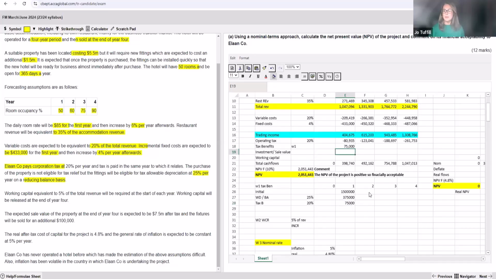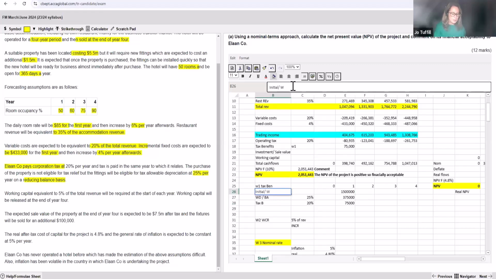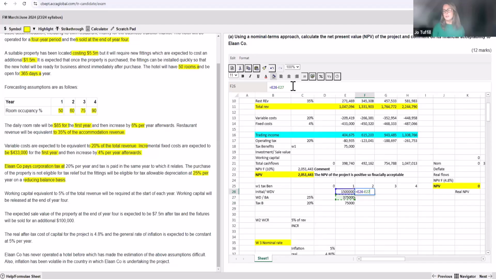Now, what we then start doing, we get the initial amount, and then it becomes the written down value. So that's where it now at year 2 becomes the written down value. And the way you do this is you take the previous value, take off the 375, and that's now the new reducing balance value.